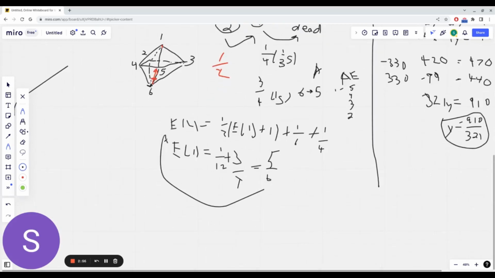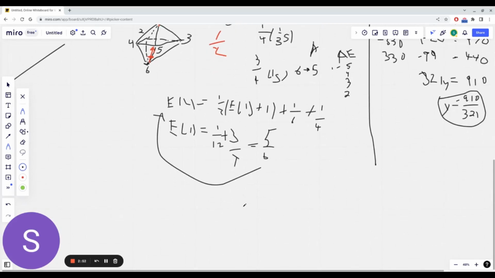So E of 2 is going to be equal to 5/12 plus 1/2 plus 1/6 plus 1/4. And 1/2 plus 1/6 plus 1/4 is just 6/12 plus 2/12 plus 3/12, which is 11/12.